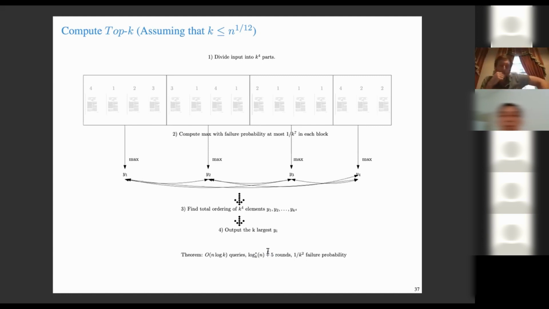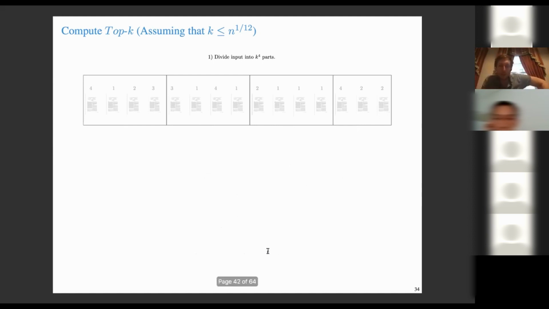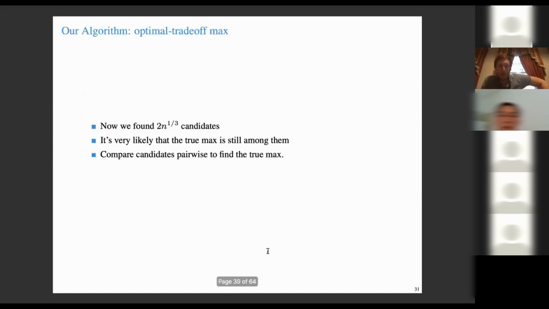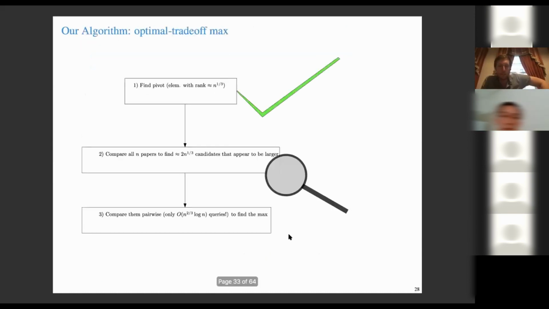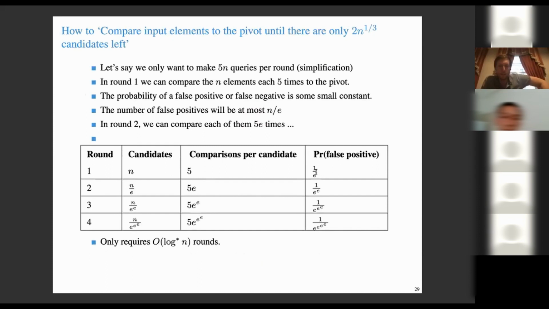Yeah, so it comes from the same reason as the upper bound has, because essentially you're always going to have these false positives, and you can show that in every round you're going to have them. And so there will be a lot of papers that look exactly the same to you.